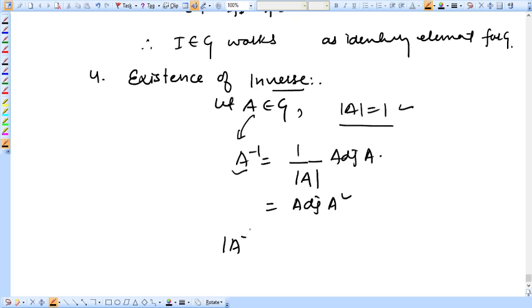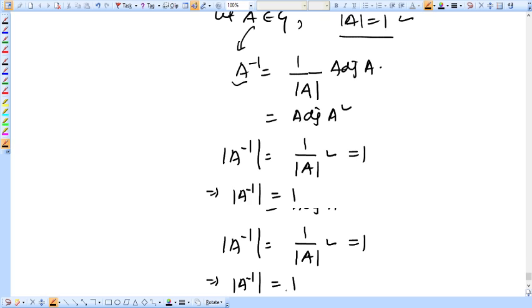Also, what is the determinant of the inverse? The determinant of the inverse is 1 over the determinant of A. Since that is equal to 1, 1 upon 1 is equal to 1. So the determinant of A inverse is equal to 1.